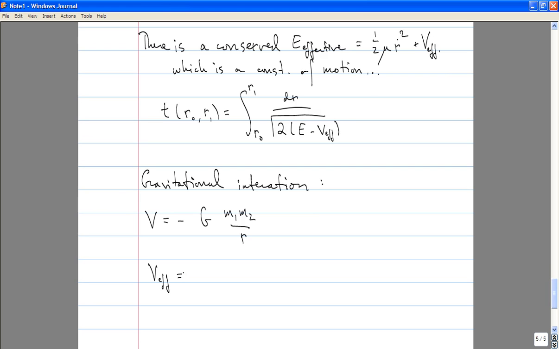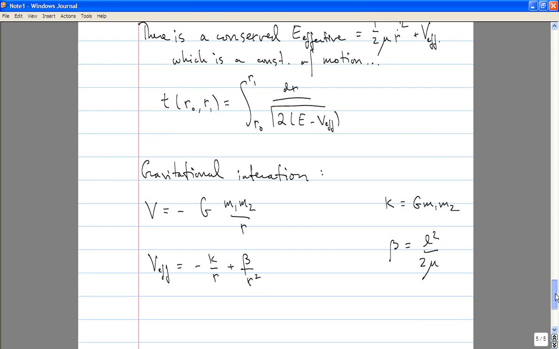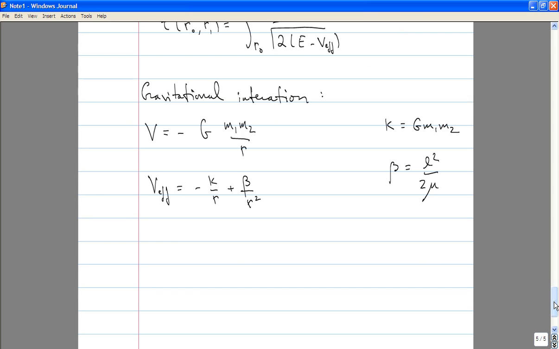I'll write that as minus k over r, where k is G m1 m2, plus beta over r squared, where beta is L squared over 2 mu. I'll get tired of writing down my constants all over the place, so I'll just call them k and beta. So what does the effective potential look like as a function of r?